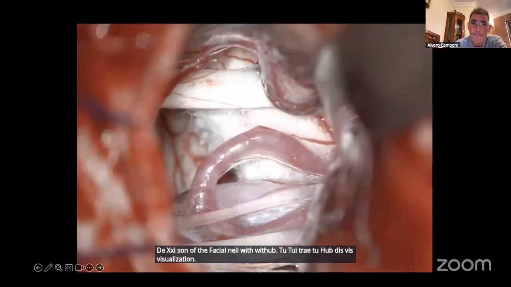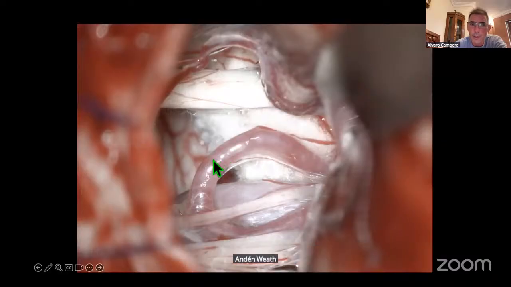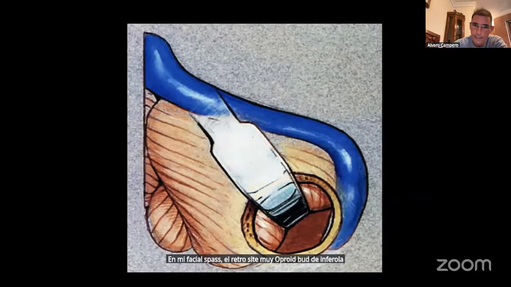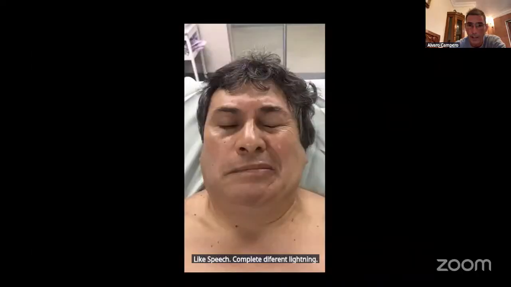And at the end, we put the Teflon and the artery is posterior to the Teflon. So in hemifacial spasm we use a retrosigmoid approach, but with an inferolateral view, like in this picture, completely different from trigeminal neuralgia.